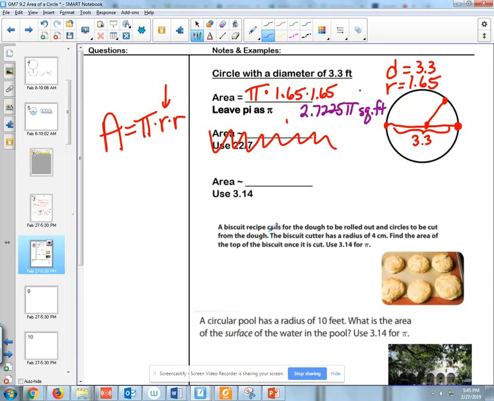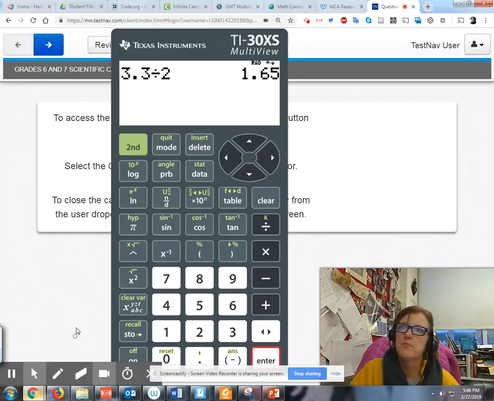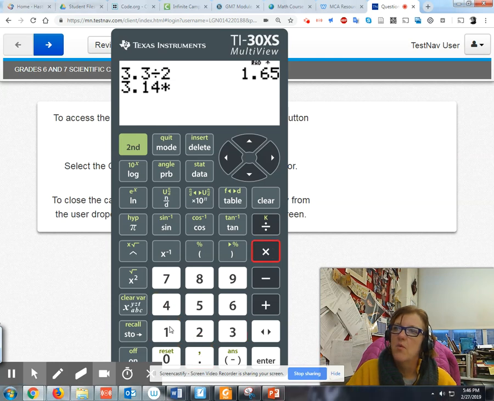Square feet. Okay. Let's say I say use 3.14 as your approximation. So you're going to go 3.14 times 1.65 times 1.65. Watch what's going to happen here. All right. 3.14 times 1.65.